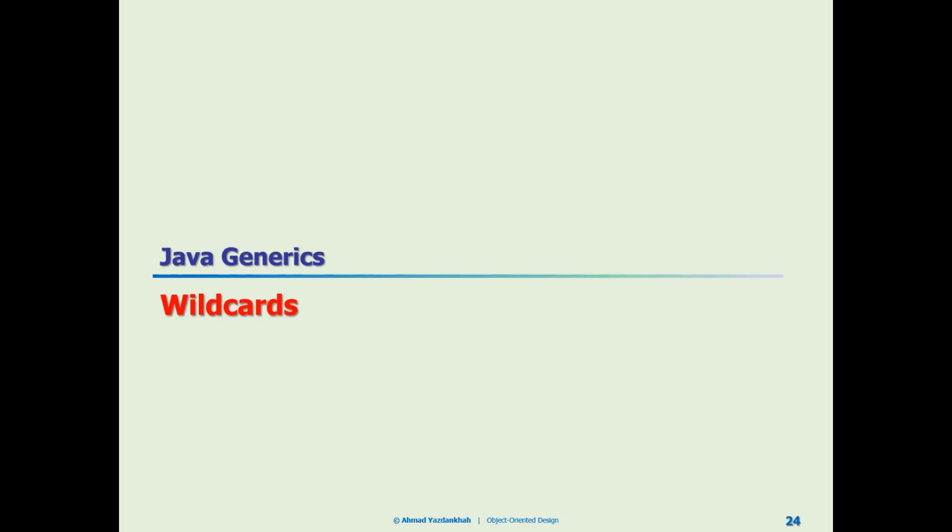We continue talking about Java generics, and in this section about the wildcard, which is a very important section and very confusing if you don't learn precisely what they are.